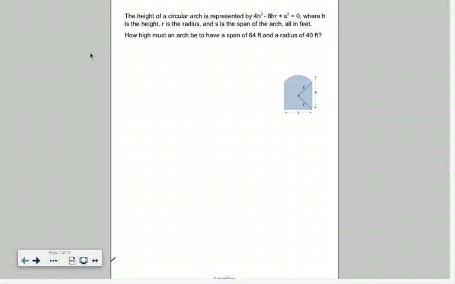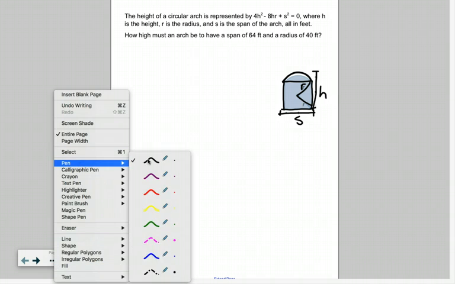And they've given us a little diagram to go with it. Right? So we see this arch has this kind of rectangular spot here with a circular piece, right? They're telling us that this is like the radius here. This is the span of the arch, and all the way from the top to the bottom is our height, right? So that's what we've been given to start with.